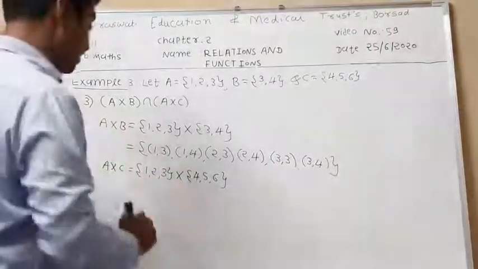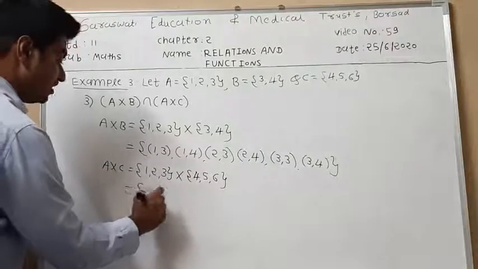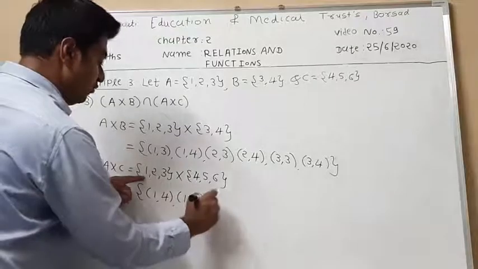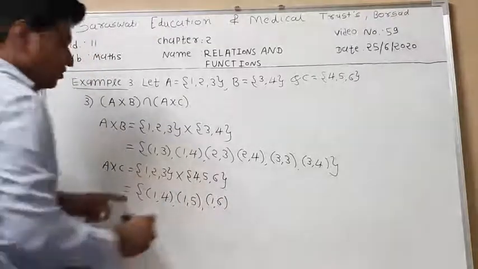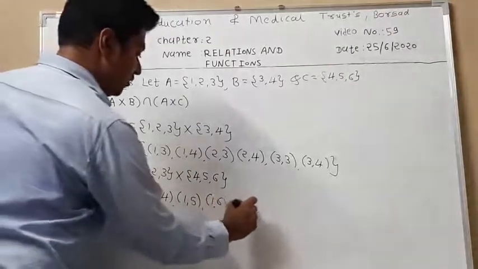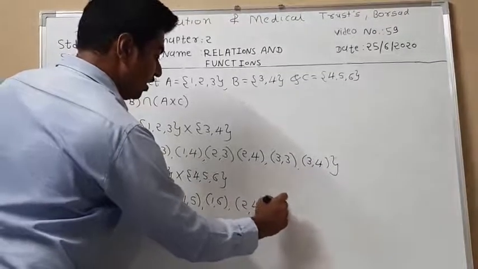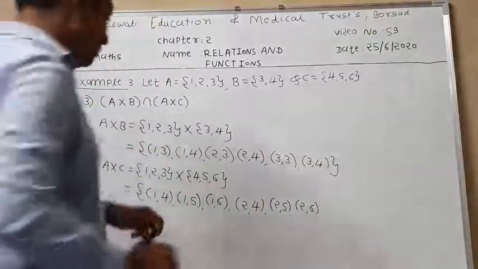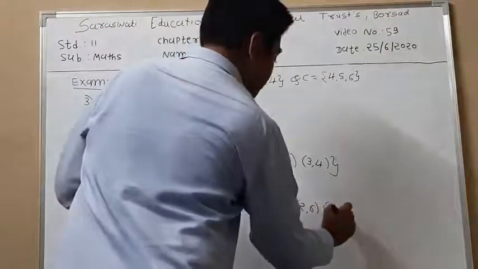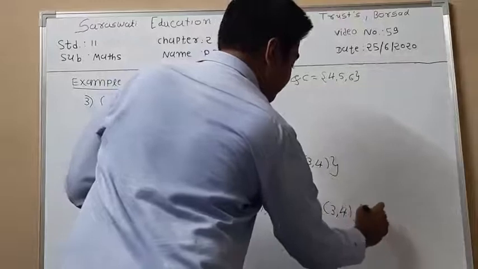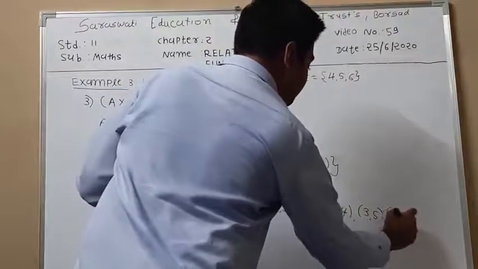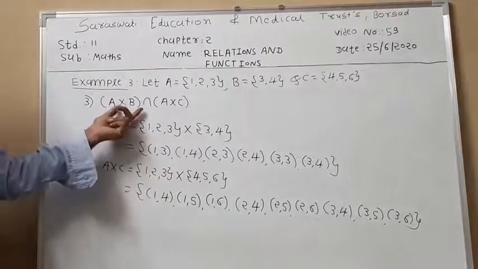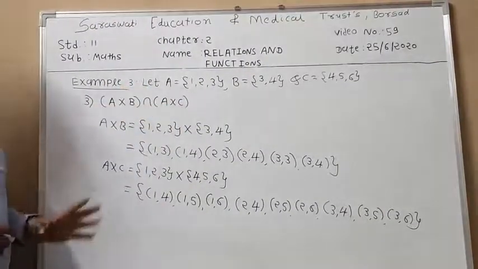So here we get 9 ordered pairs. So the set {(1, 4), (1, 5), (1, 6), (2, 4), (2, 5), (2, 6), (3, 4), (3, 5), (3, 6)}. Now our question is A Cartesian product B intersection A Cartesian product C.